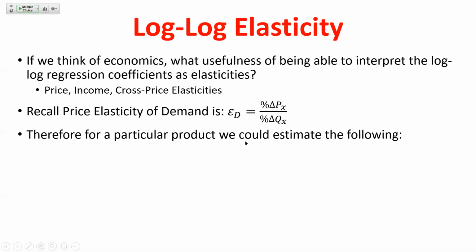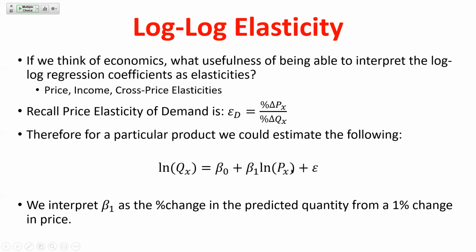What am I thinking? So let's say I set up this regression, right? What I can interpret this as is a 1% change in price would start to predict different changes in quantity, right? So how responsive are consumers being to different percent changes in price, right?